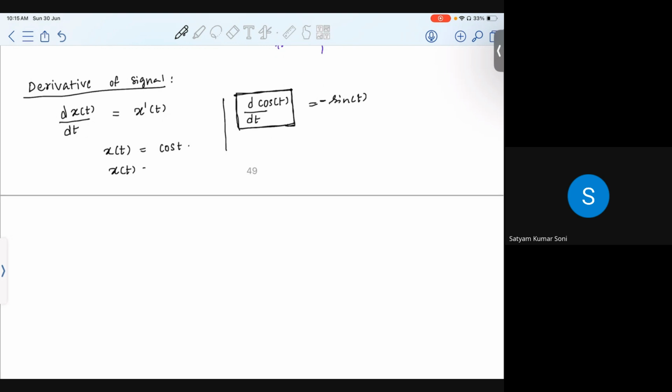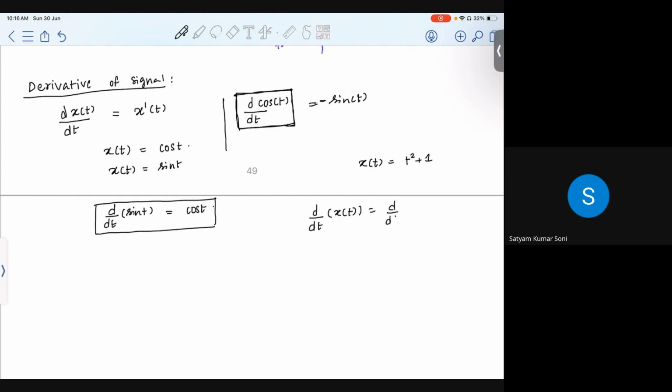If the given function is sin t, how do you find the derivative d by dt of sin t? This is again a simple derivative, which is cos t, right? Likewise, if you are given some function x of t equal to t square plus 1, d by dt of x of t is nothing but d by dt of t square plus 1.